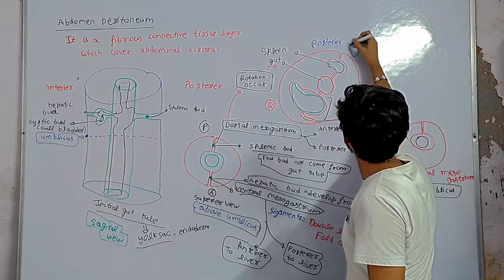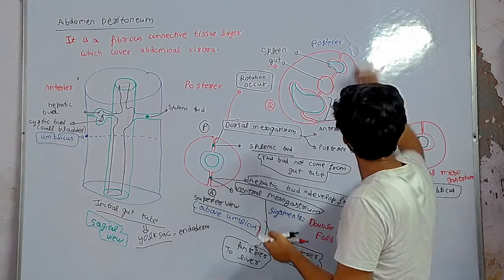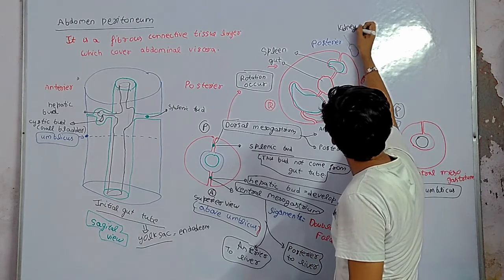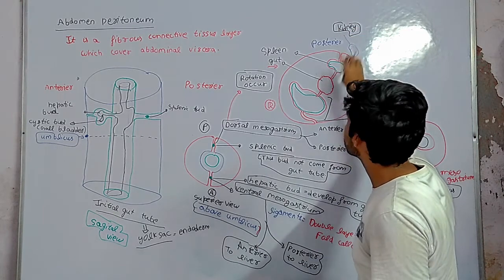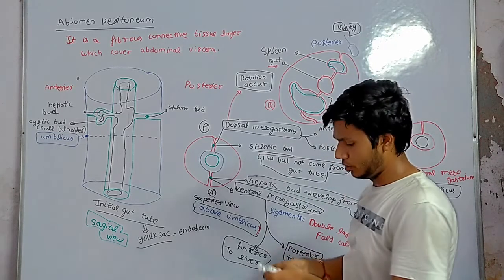This is the kidney, and this is the spleen. One ligament is present between the kidney and spleen.